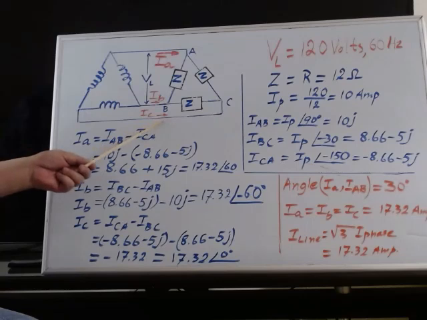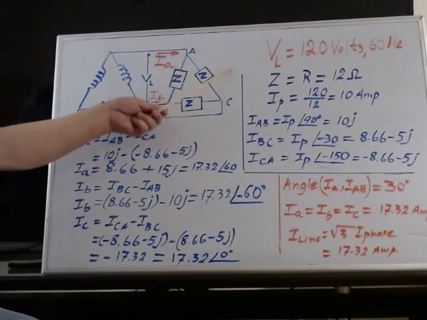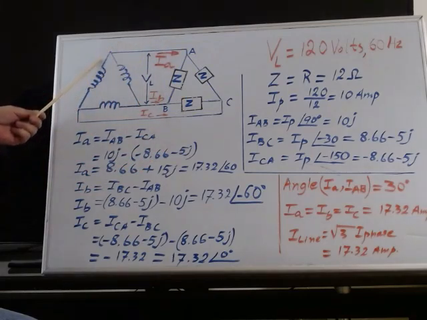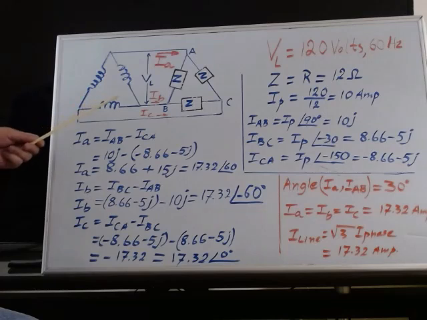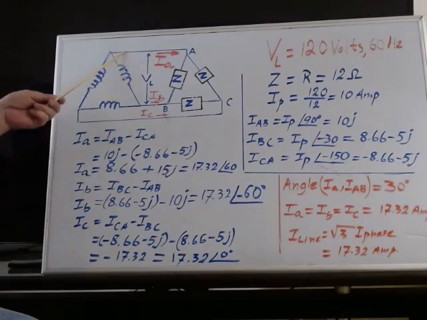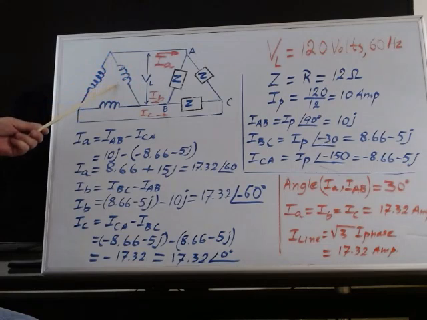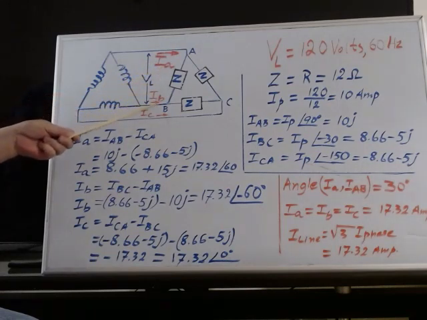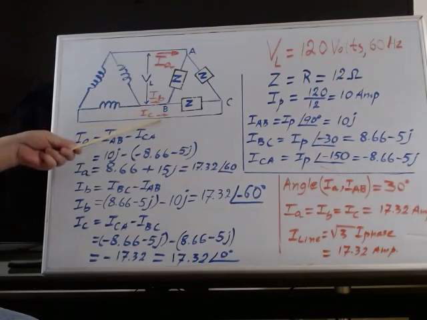This is the delta balanced load, and the power is supplied by this three-phase delta connection source with VL as the line voltage, IA the current from the source, IB the second current from the source, and IC the third current from the source.